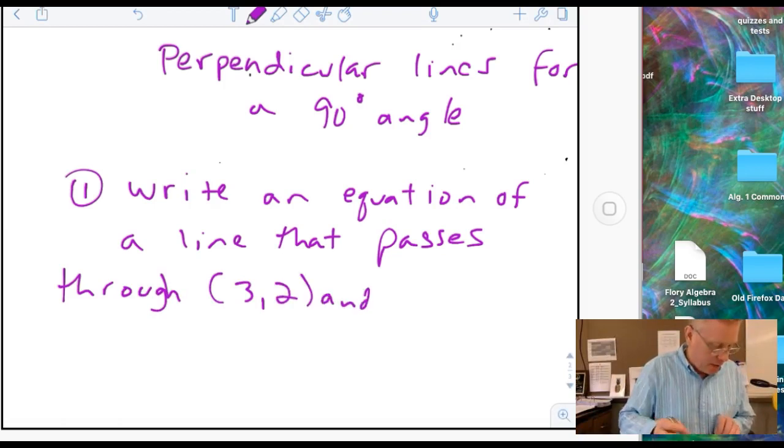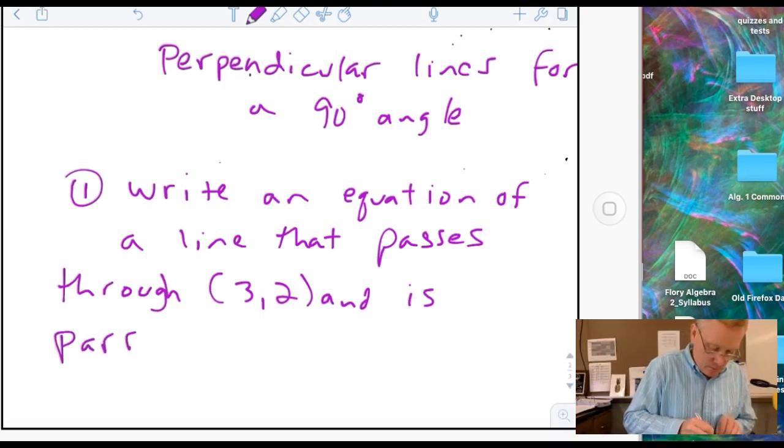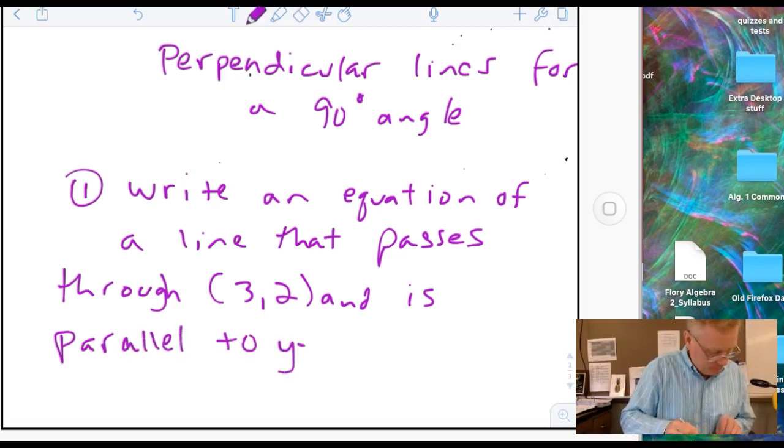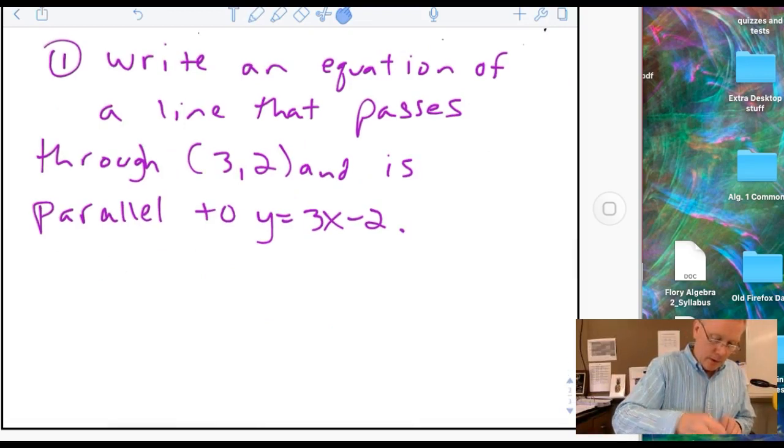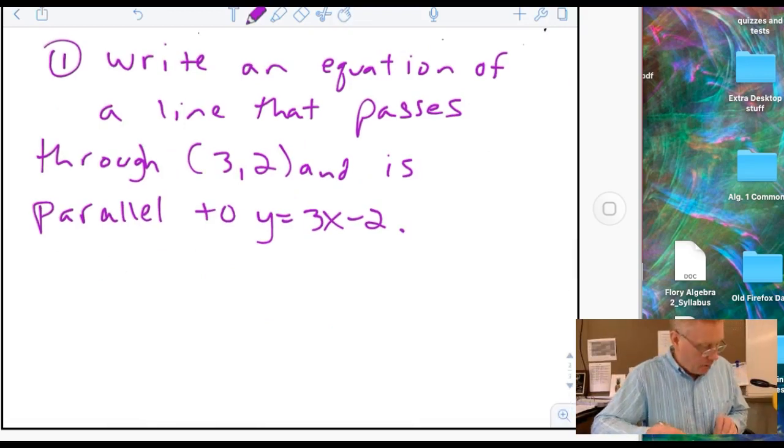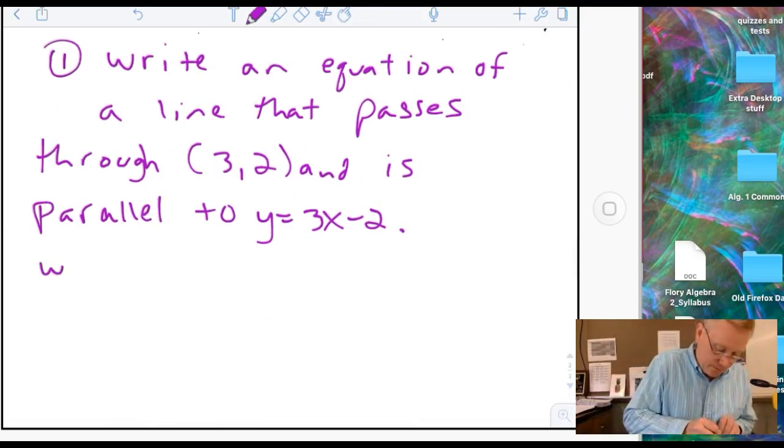And is parallel to y equals 3x minus 2. And just to make it interesting, it says write your answer in y equals mx plus b.